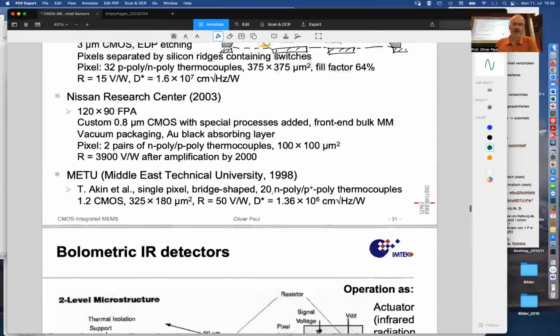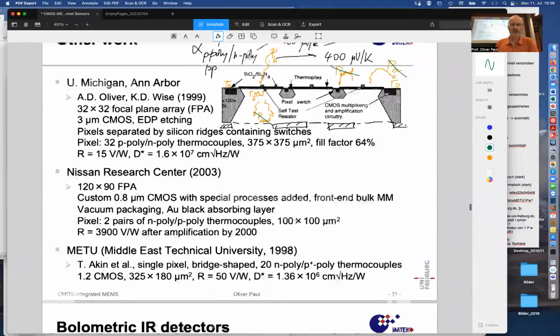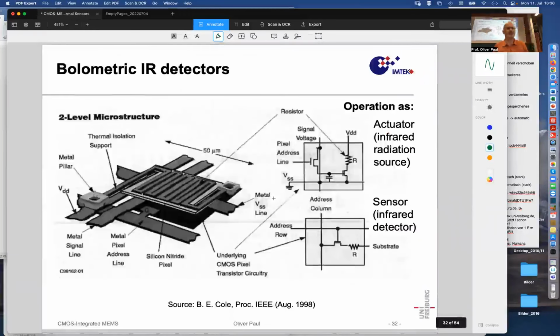So this was all on the thermoelectric sensors for infrared radiation. Now let's look at some bolometric infrared radiation detectors. So you can also make bolometric focal plane arrays, pixel arrays to which infrared radiation scenes are projected.